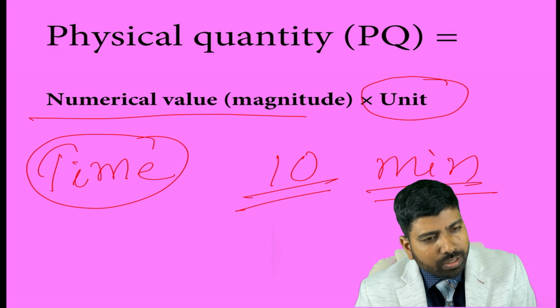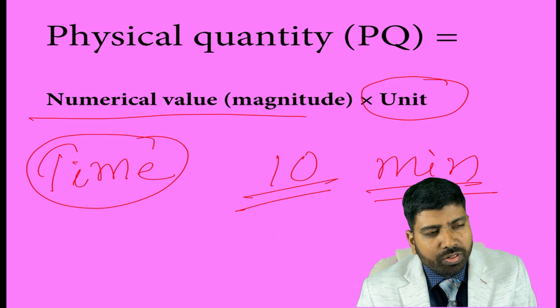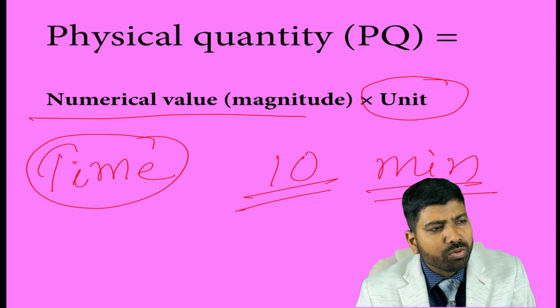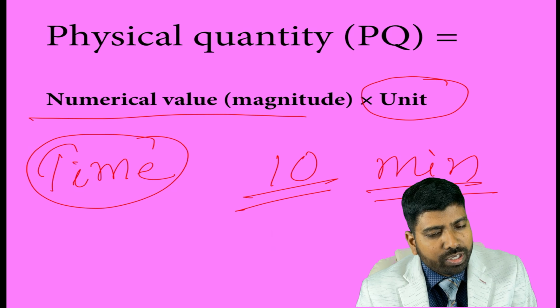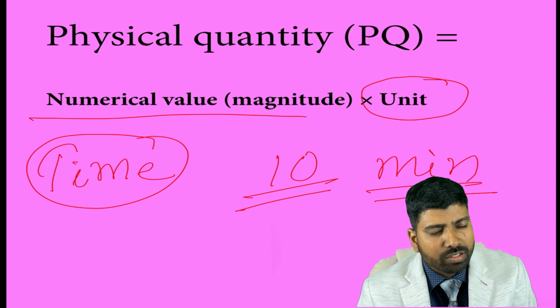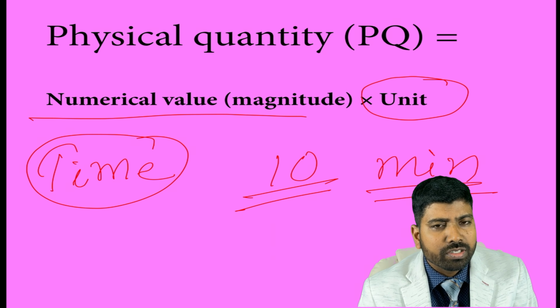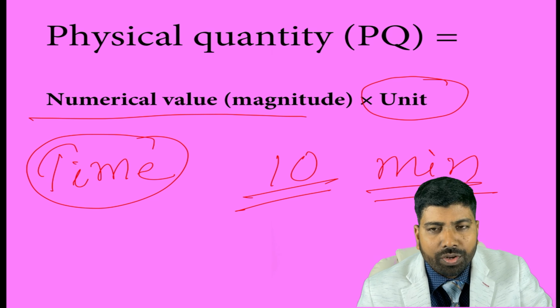But certain physical quantities that will come in physics while we are learning may not have a unit. I will explain that when it comes. For example, refractive index has no unit because it is a ratio. So some physical quantities will have only the numerical value, because it is a ratio.